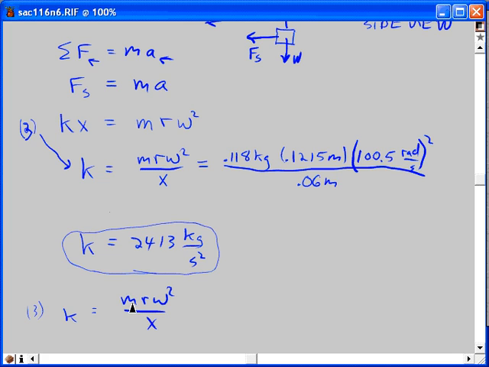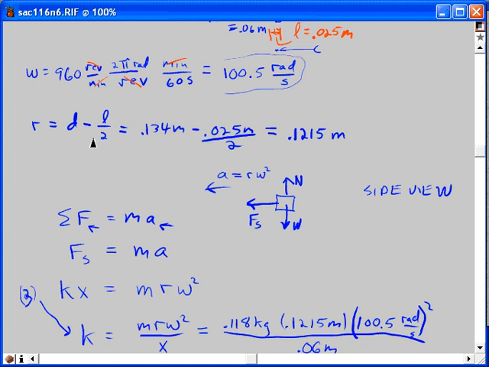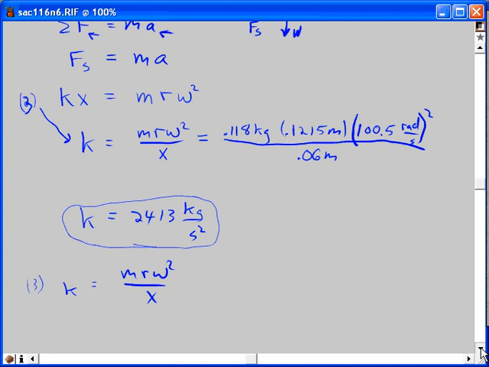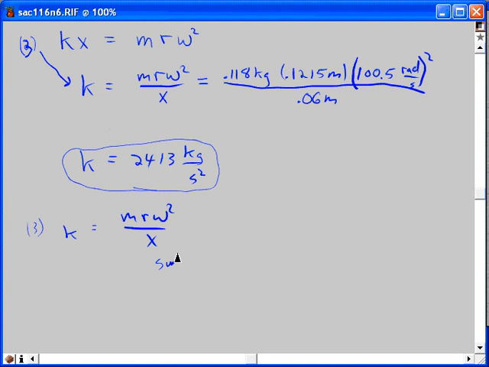M was given, so I can use that directly. R was not a given, so I want to use the expression that we had for that. So I'll call this 2 and substitute 2 into that. So I get K is equal to m times D minus, I'm sorry, L over 2, because these things were given.